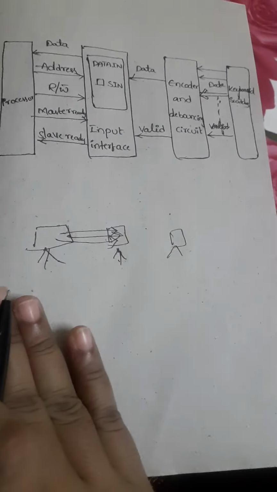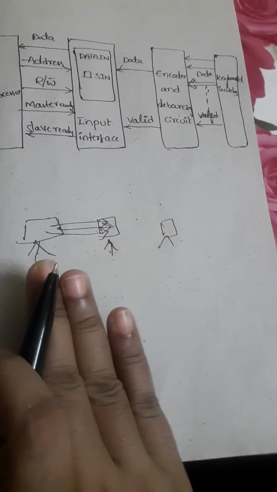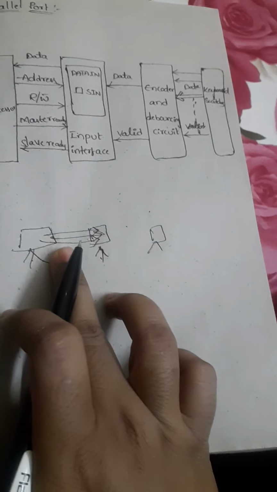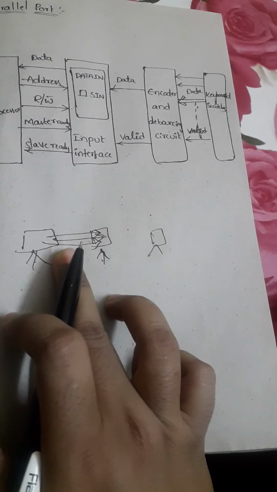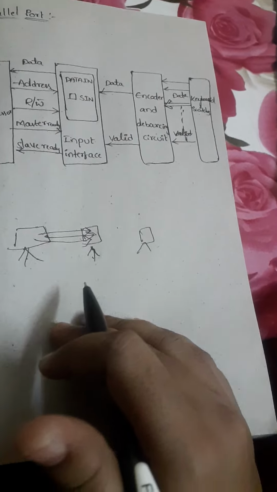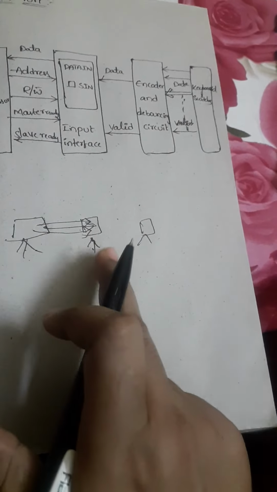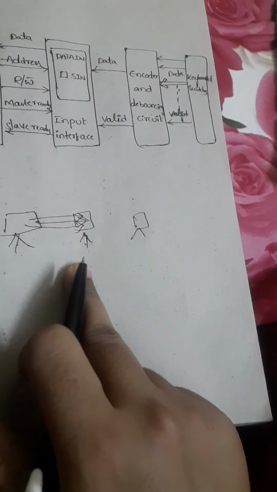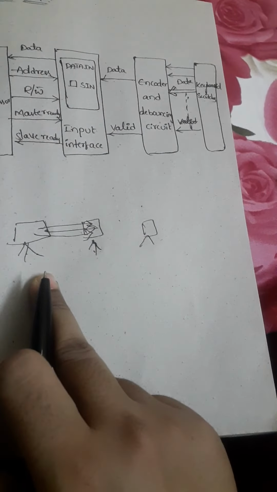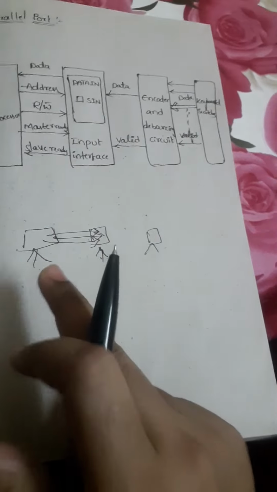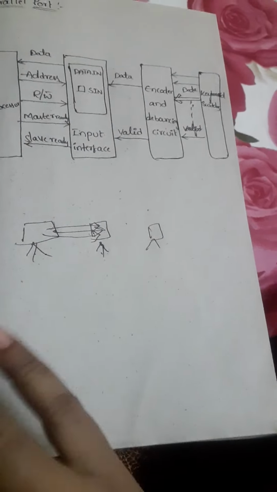From one computer to another computer, the transfer of data can be done simultaneously by using more number of bits at a time. Computers which are making use of parallel ports can transfer many bits at a time, and the transfer of data can take place simultaneously.